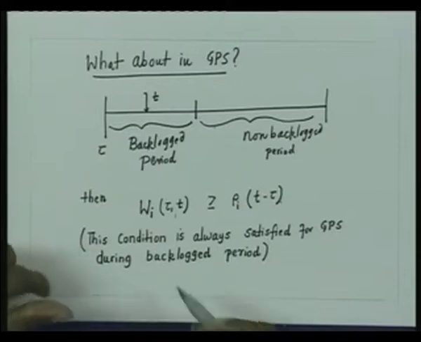Okay, so why is it so? Because it may be just possible that a session can be backlogged in a rate proportional server, but still not be receiving any service. It is possible that the service of a particular session may get temporarily suspended in the rate proportional server.